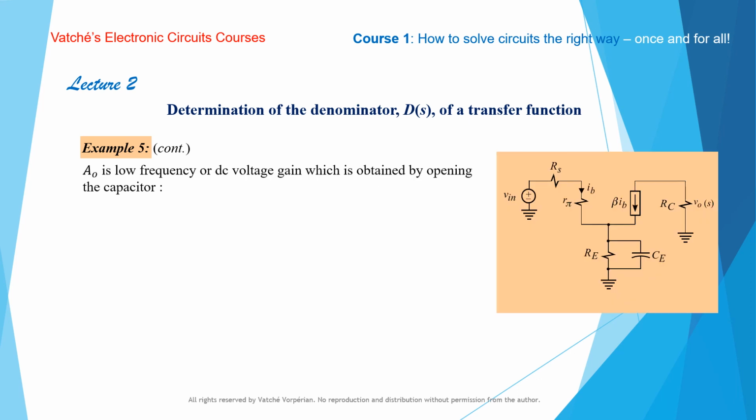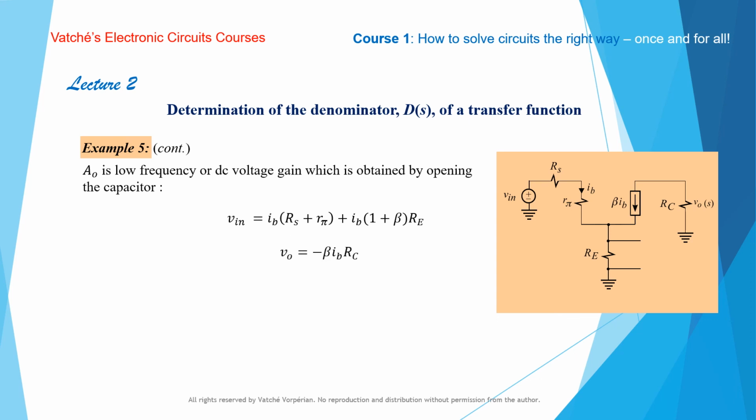And now we determine A0, the low frequency or DC voltage gain of the amplifier, by opening the capacitor. There it goes. And now we can write the following simple equations. First, we say that V in is the voltage drop across Rs plus R pi, which is Ib times Rs plus R pi, plus the voltage drop across RE, which is the sum of the base and collector currents flowing through RE, Ib times 1 plus beta RE.